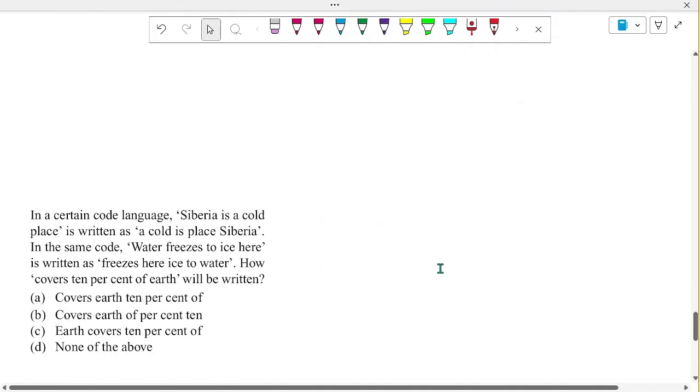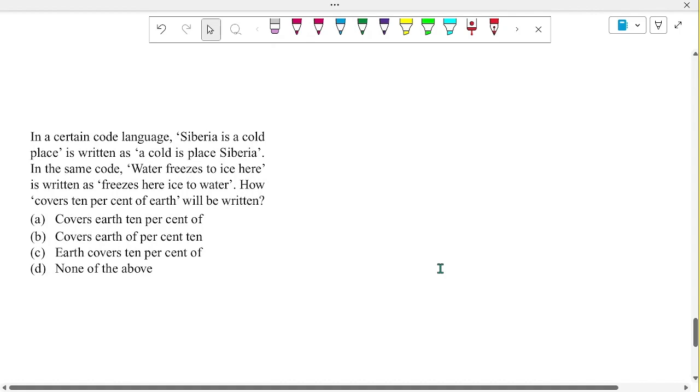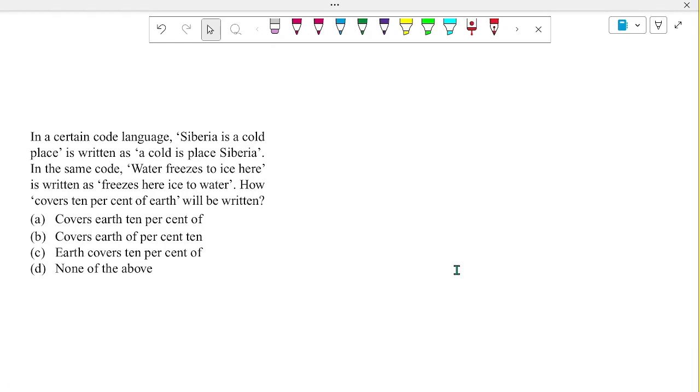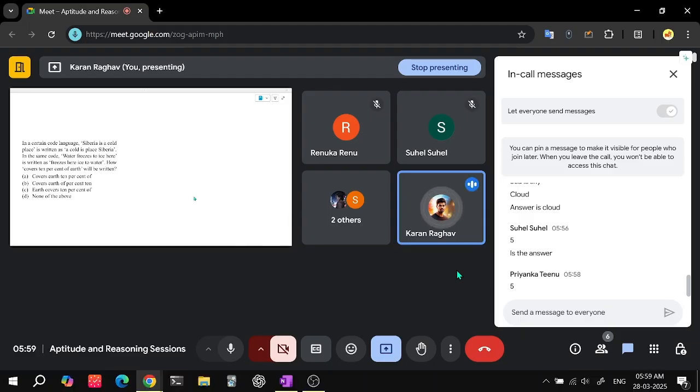Okay, this is today's last question. Can you tell me what is the answer of this question?